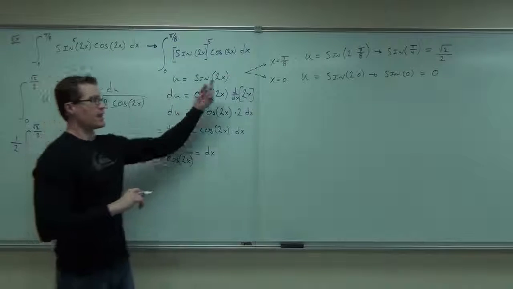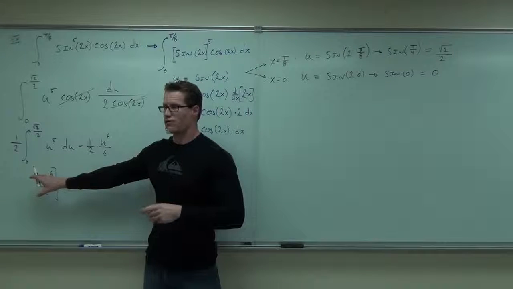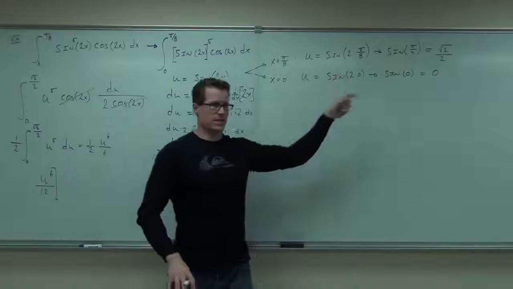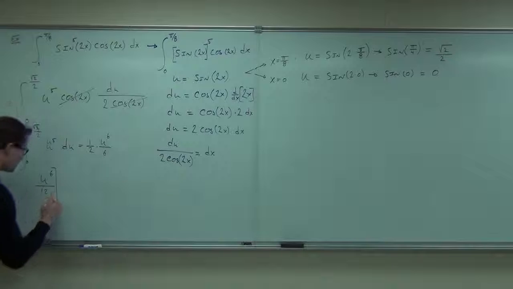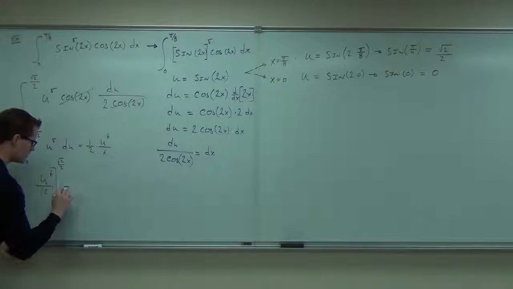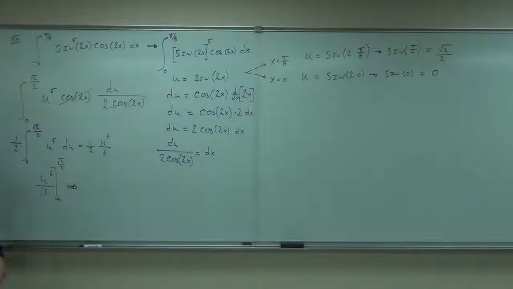And do I have to plug the x back into this thing before I evaluate? Why not? Because you've already taken care of it. I've already changed my bounds. That's exactly right. Okay, so root 2 over 2, we're going to plug that in first, then we'll subtract and plug in 0.